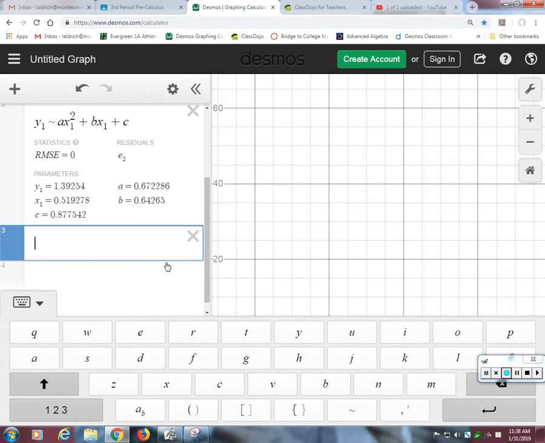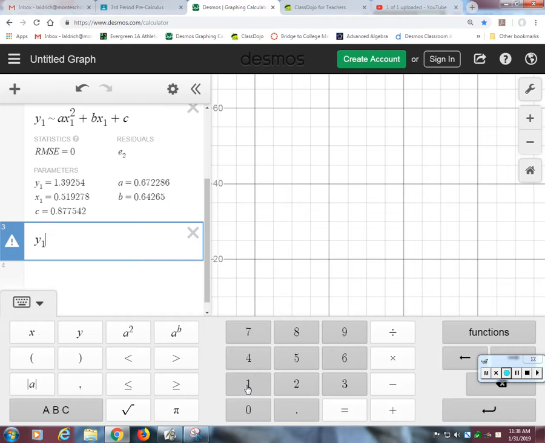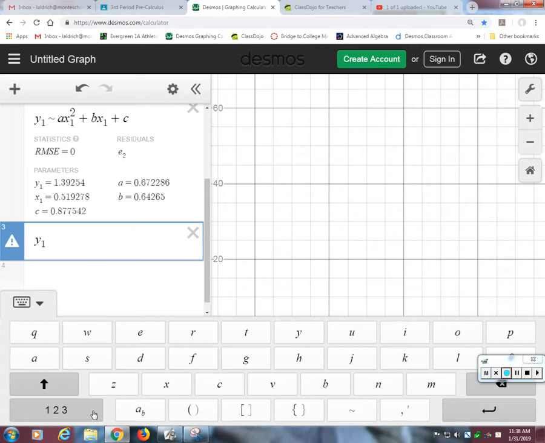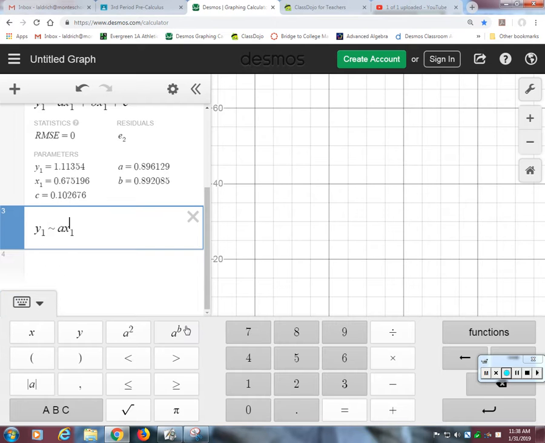And then this is the new one that we're going to add today. We're also going to do ones that are cubic. So that's super fun. So we're going to do y1, go to the keyboard, approximately equal to, a x1 cubed this time.